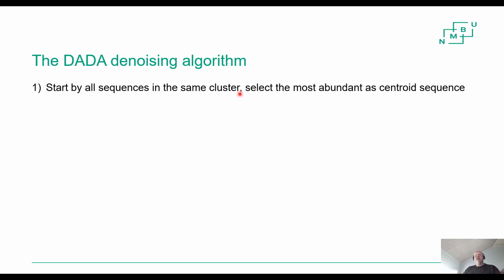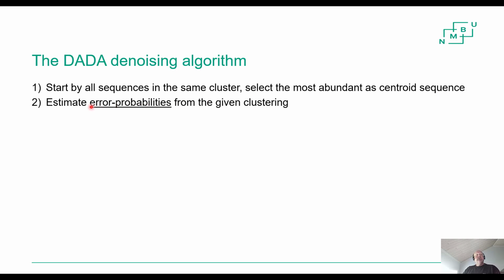So that's sort of the opposite of what we saw in the previous slide, where everything was scattered around and we started to form clusters from one end, you could say. Here we start with every read as part of one huge cluster. But again, we select the most abundant one as the centroid.